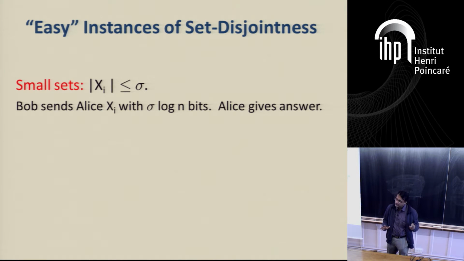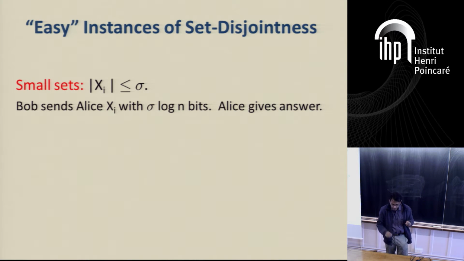So as I said, Charlie will go after the large sets X, because if X is small, then he will leave it to Alice and Bob, because then the person who sees X can transmit the information about X to the other person, since it's a small set and it will not take too much communication. So Charlie only picks out the fat X's, the large X's, because if they happen to be disjoint, then his advice gets his bang for the buck, right?